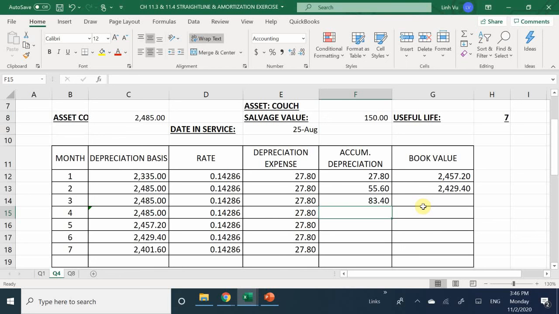Now, how do you solve for book value? Wait, wait a minute. This is why I'm lost. Okay, explain to me where you're lost. Well, because in the depreciation basis column, I don't have all that you have. So I look back at yours and you have yours filled in. So I missed that somehow. See, I started with the 2,330 or 2,335. Oh, you're right. Mine are not the same.